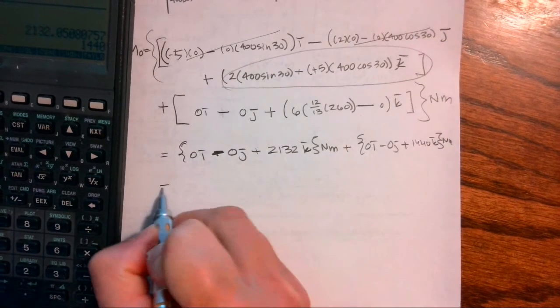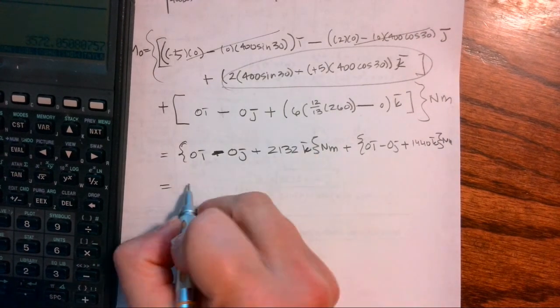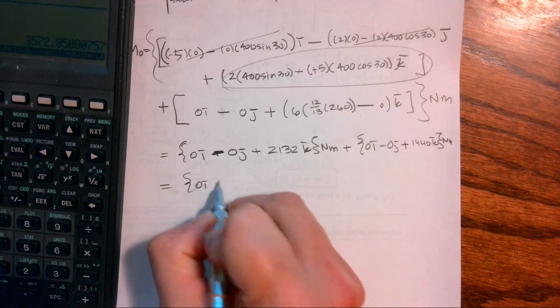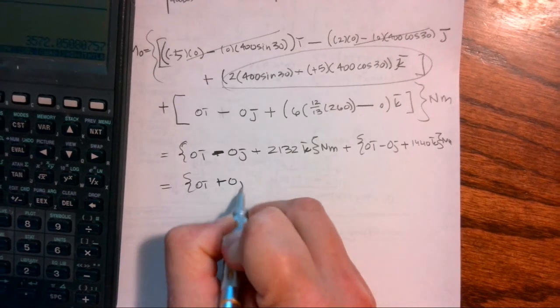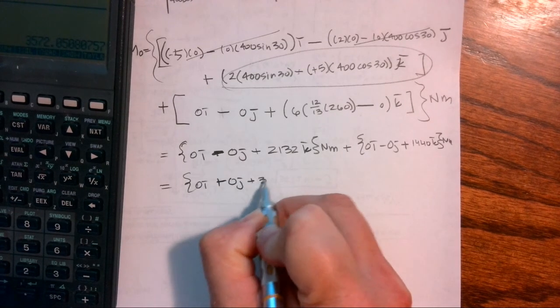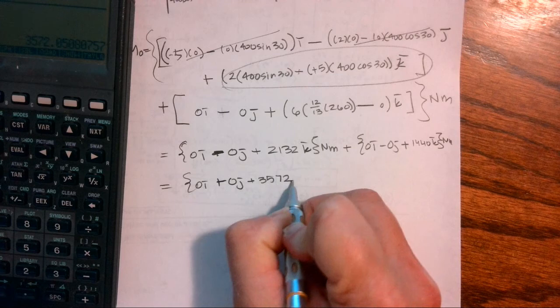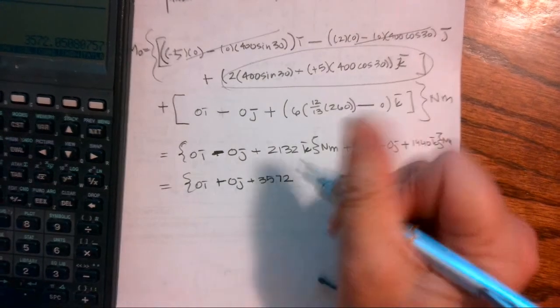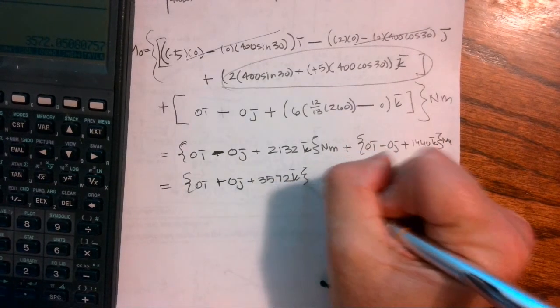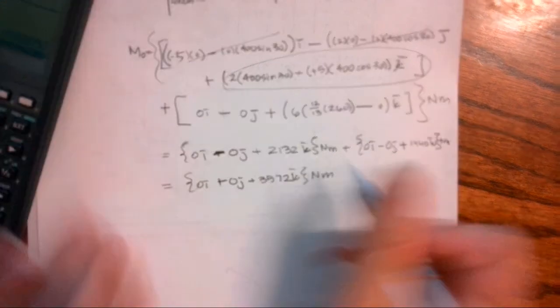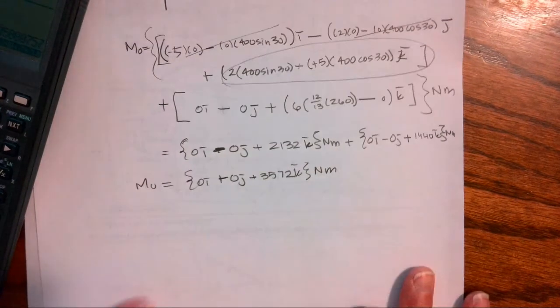And when I add this up, 0i plus 0j plus 3,572 k newton meters. So now we have a Cartesian vector representing that moment.